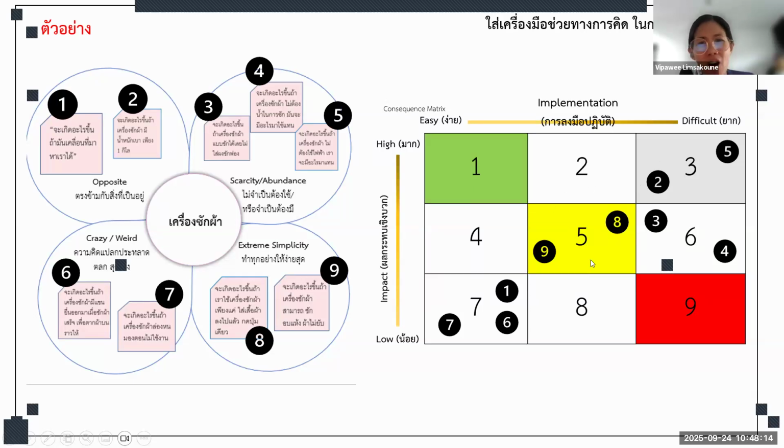But usually I do not select all, because some of them have low positive impact, and so I might not select some of them. When you think about positive impact, you could think from the perspective of using the product for yourself and for the society. Okay, that's how I usually analyze.